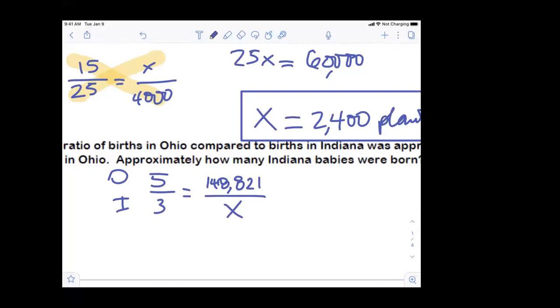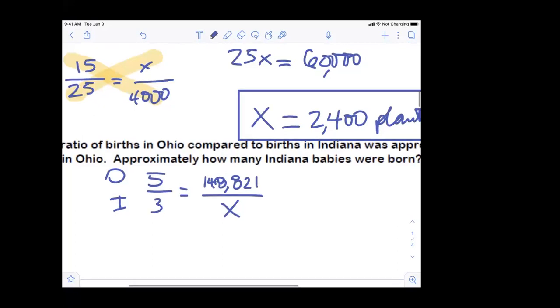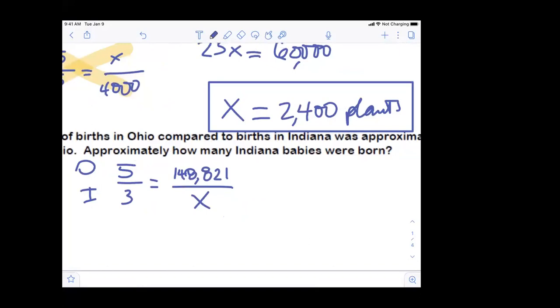Anybody have a question on how I set up my proportion? If you flip anything wrong at any point, you'll get a different answer than me at the end. So if you don't understand how I did this, just make sure to let me know. Because once we set it up, now we're just going to cross multiply and find x.